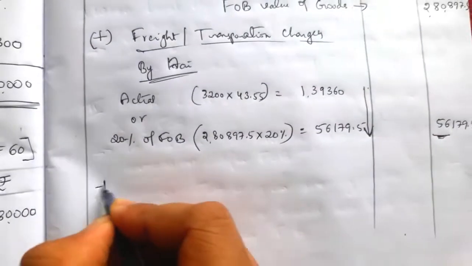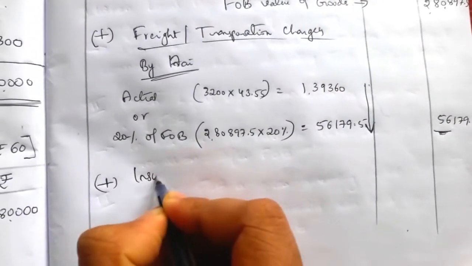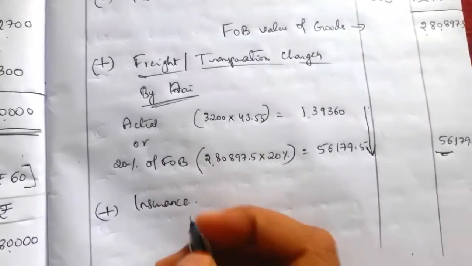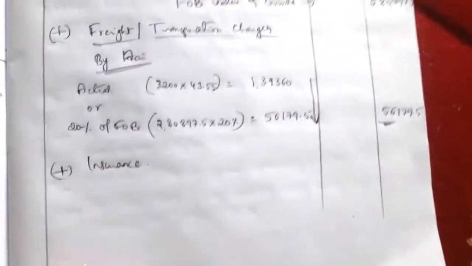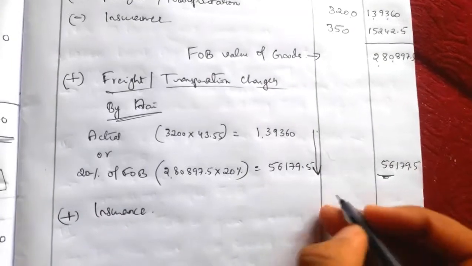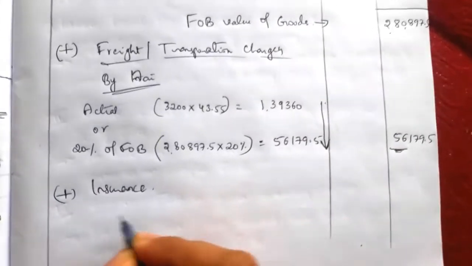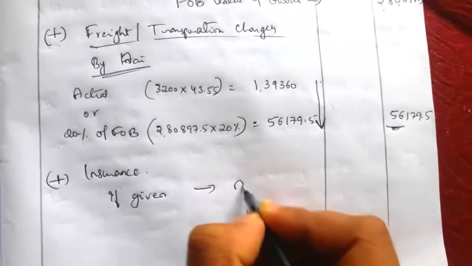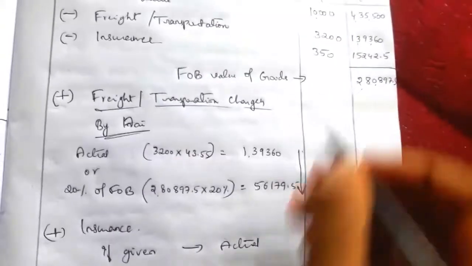Next, again we have to add the insurance. So we have cancelled the insurance. Once we have cancelled the insurance here, now again we have to add this insurance. If insurance is given, we have to take the same, that is equal to actual. So what is the actual insurance?